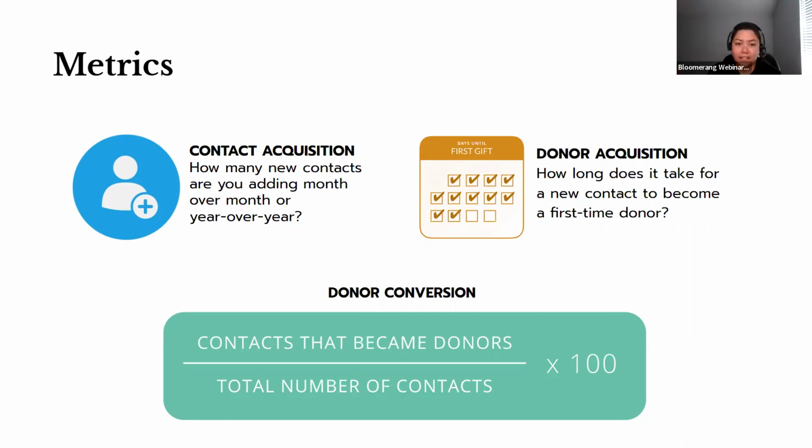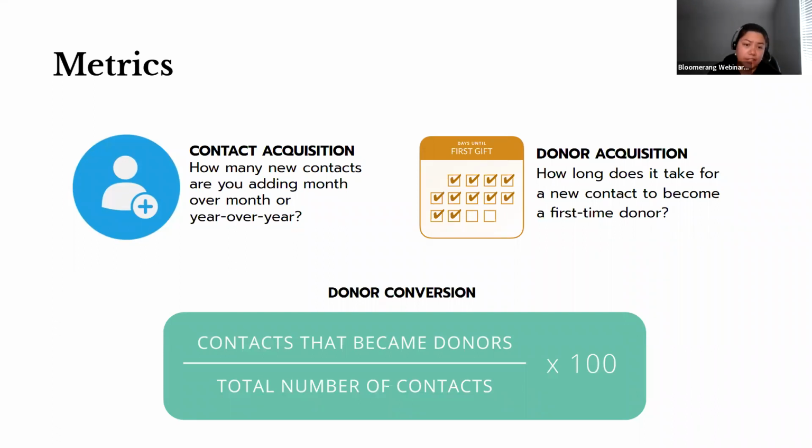Take a look at what activities you have between the time that they joined to the time that they gave. Can you condense that timeline further? Or can you introduce some new activities earlier on in the process to reduce that time? Again, knowing where you are helps you to get to where you're going.